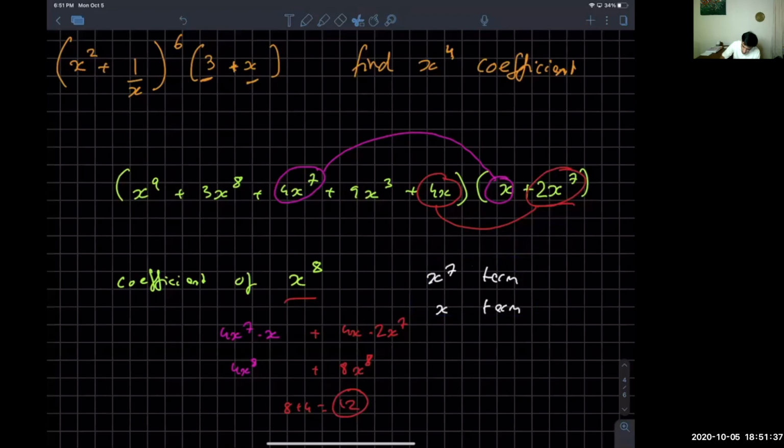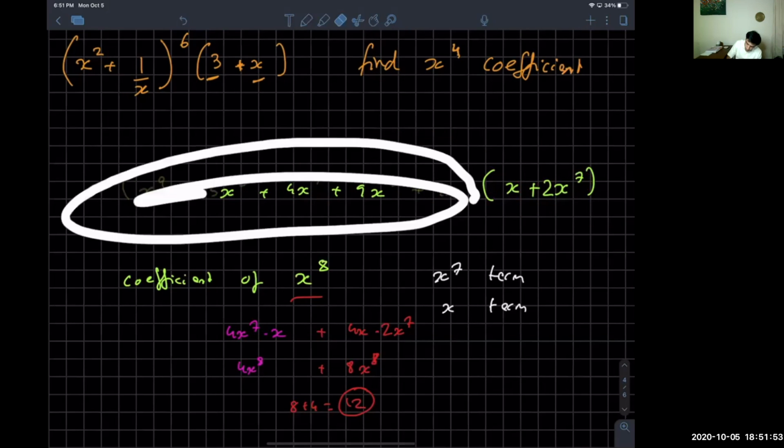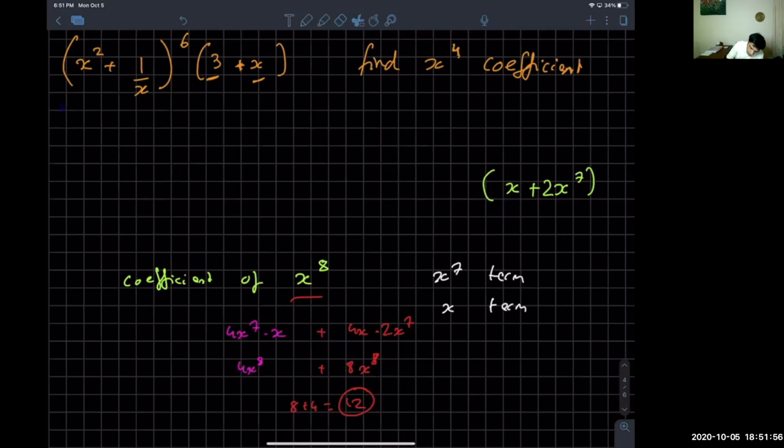So this is the x to the power 7 term, and this is the x term, correct? Because the x to the power 7 term was multiplied by x, and the x term was multiplied by x to the power 7, okay? So now, let's say we replace this piece here with this.